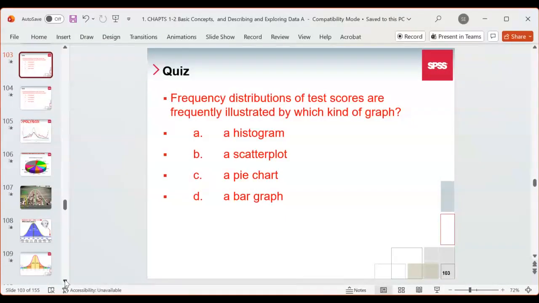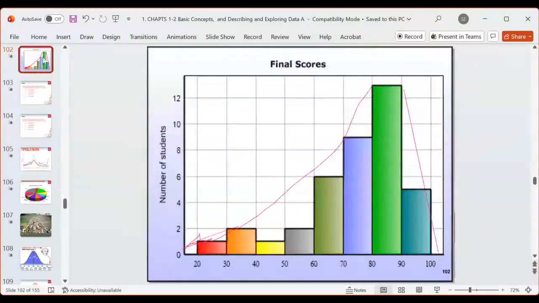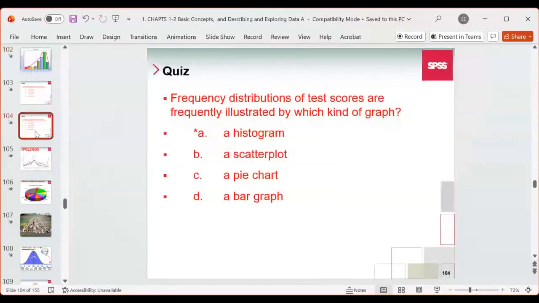A bar graph? You're close. It could be, but really the answer is histogram. You can use a bar graph too, but it is more appropriate to use a histogram.